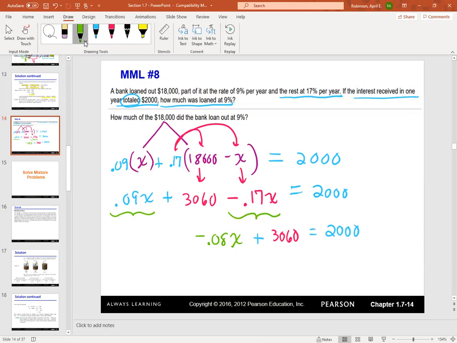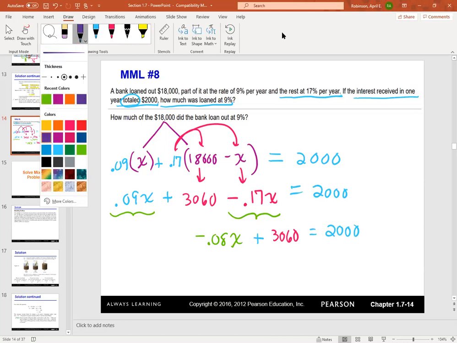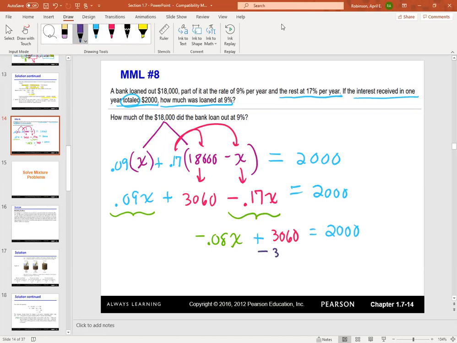I am then going to subtract the 3060 from both sides. Looks like I'm going to negative land over here. So those cancel. I'm still going to have the negative 0.08x, and that's going to equal negative 260.